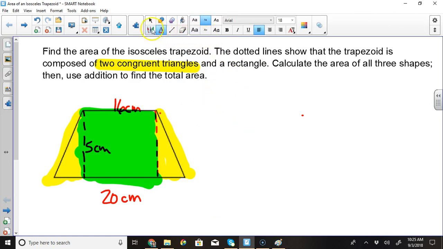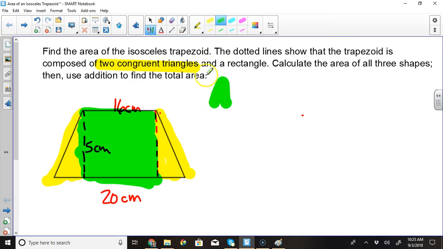So I'm going to start with the area of the rectangle because that formula is pretty easy to remember, right? The area of the rectangle is equal to length times width. So I can see in this problem, well, what's the length here? Is the length 20 or is the length 16? It's 16. 16 across the top and 16 across the bottom.